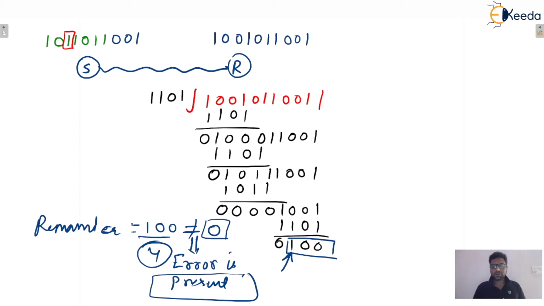Remember, because the CRC generator is known to both the sender and the receiver, after receiving this data and performing this calculation, the receiver will discard these 3 bits, that is the CRC.